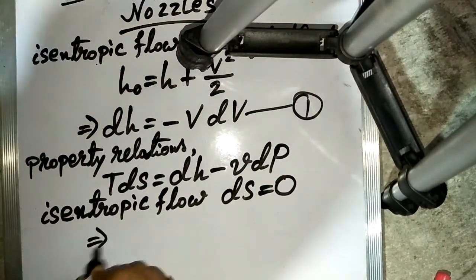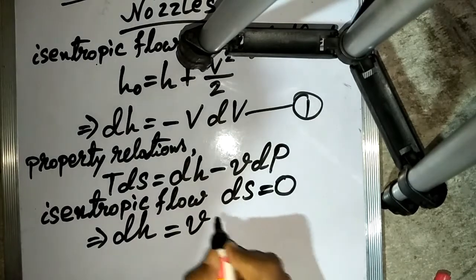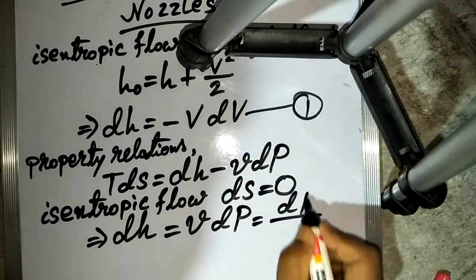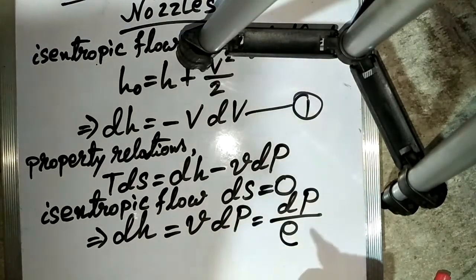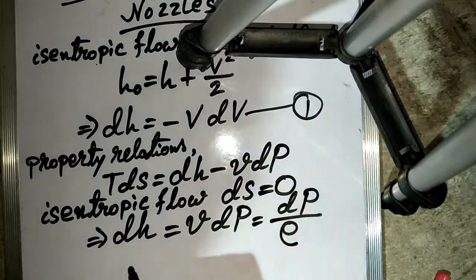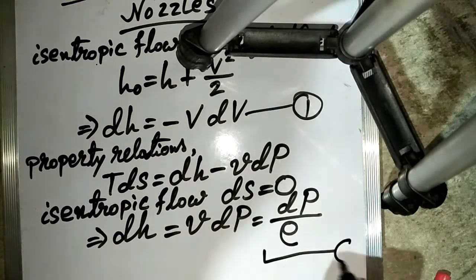So we can write dH equals to v dP, or since specific volume is the reciprocal of density, dH equals to dP by rho. This is equation number 2.